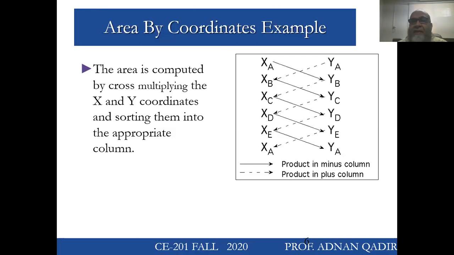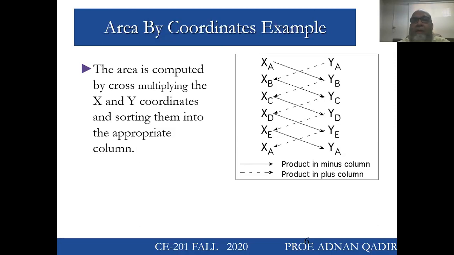Don't leave out x e and y e, because then the method we are using will be unable to calculate the area of the closed polygon. So again I repeat, the technique that I'm explaining is only applicable to closed figures.